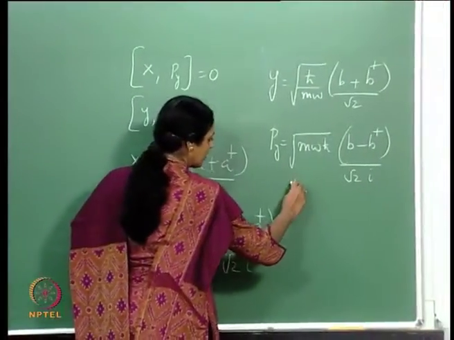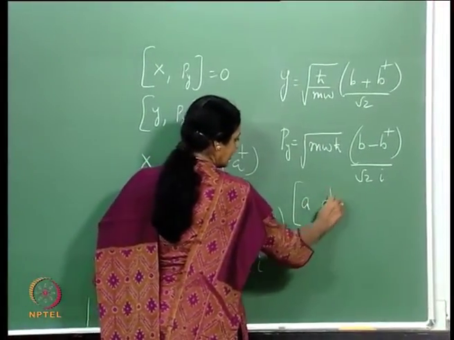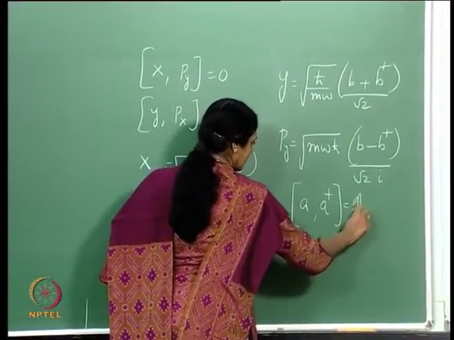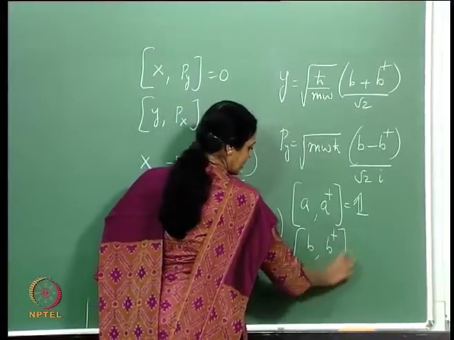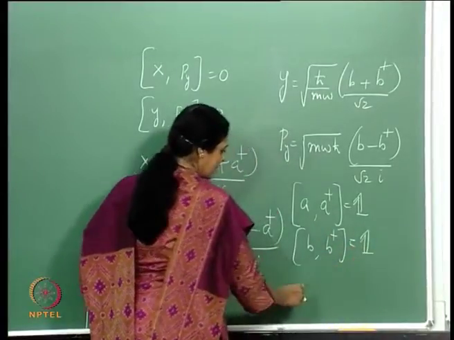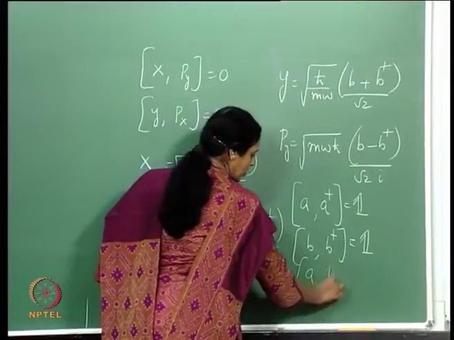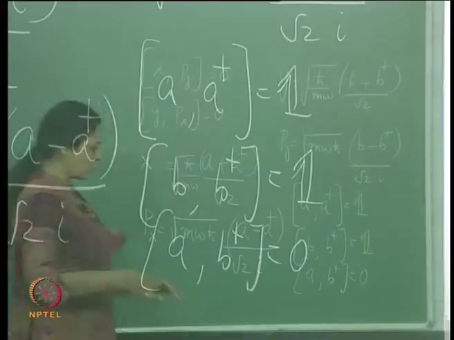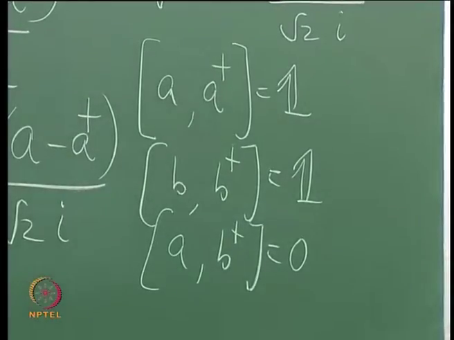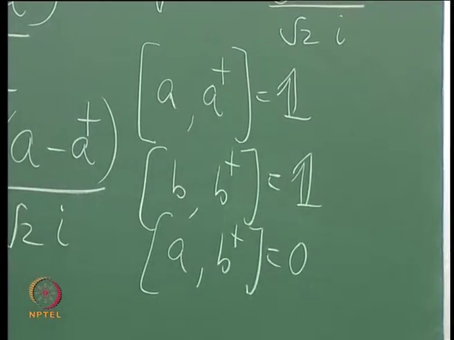So, I would have the commutator of a with a dagger equals identity, and b with b dagger equals identity. Every other commutator vanishes. The commutator of a with b dagger is 0, b with a dagger is 0, and so on. So, these are the two independent oscillators.